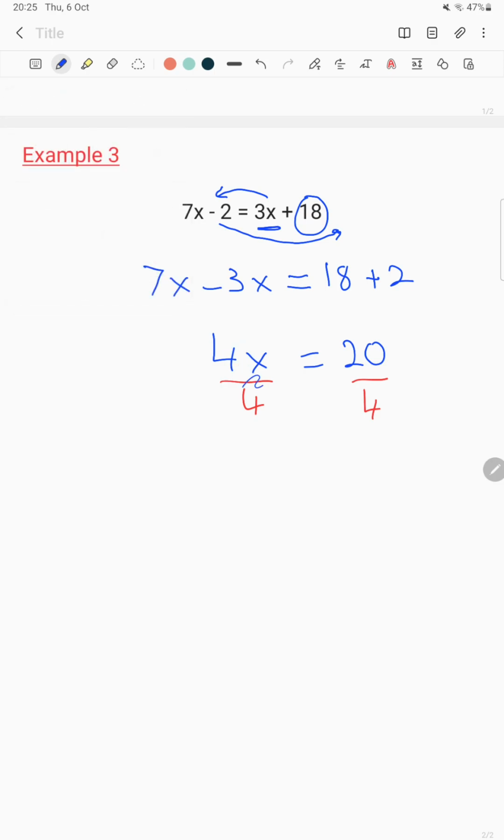Doing those divisions, 4 divided by 4 leaves us with just a single x, and 20 divided by 4 is 5, and that gives us the x value that we're looking for.